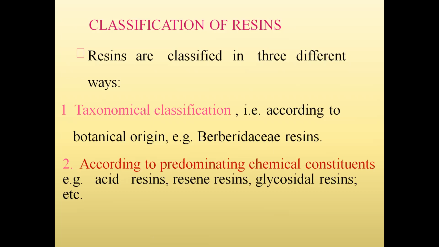Predominating means which is very important, and due to which the therapeutic activity is attributed; that is also present in a large quantity, and it is known as the chief active constituent.